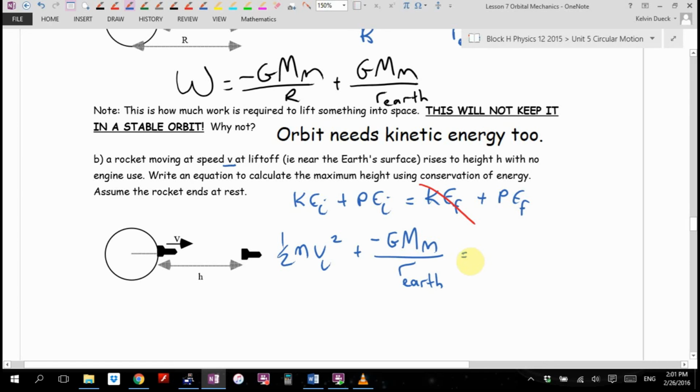And that's going to equal negative big G, big M, little m all over our final. Yay!